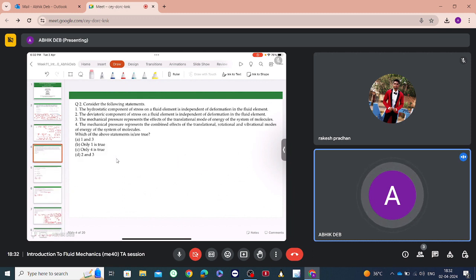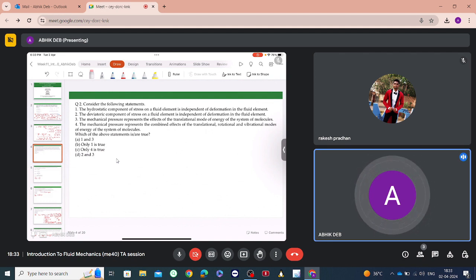Yes, so the first question is related to the components of stress on a fluid element. We know there are two components of stress: one is the deviatoric stress, one is the hydrostatic stress. The hydrostatic component of stress on a fluid element is independent of the deformation in the fluid element.